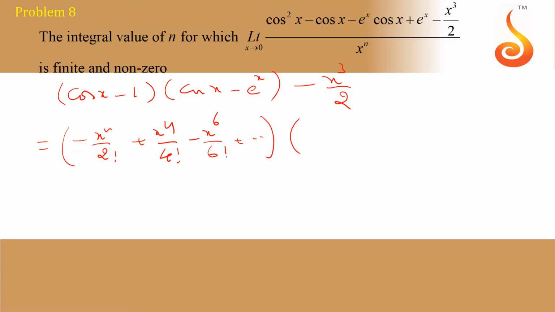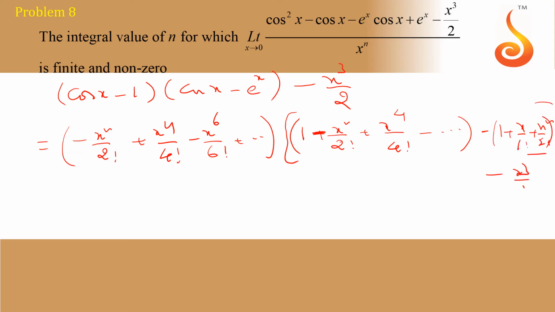So 1 gets cancelled. So cos x will be 1 minus x square by 2 factorial plus x power 4 by 4 factorial minus so on, minus e power x, which is 1 plus x by 1 factorial plus x square by 2 factorial plus so on, minus x cube by 2.